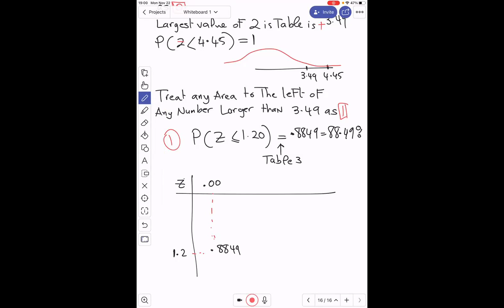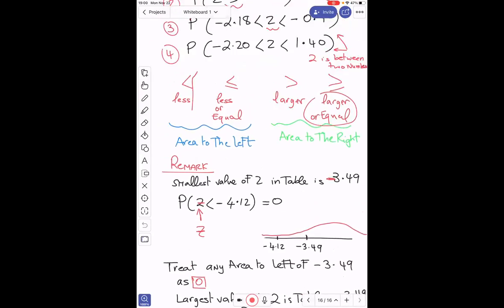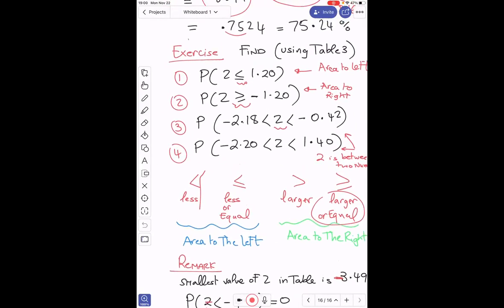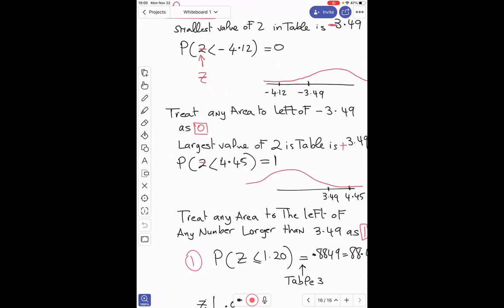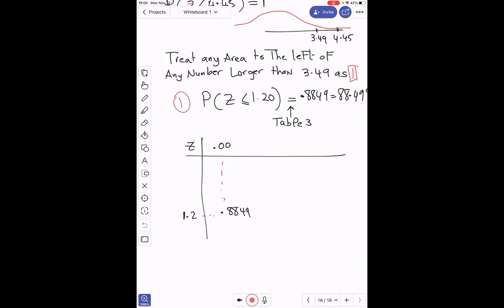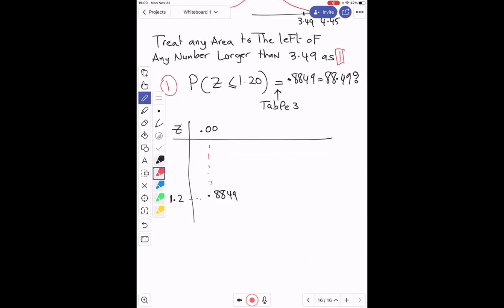Okay. For number 2, you need your Z to be larger than negative 1.20.